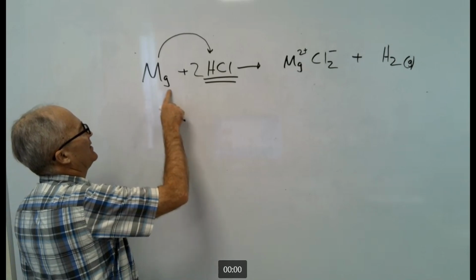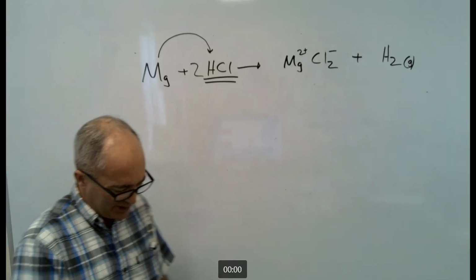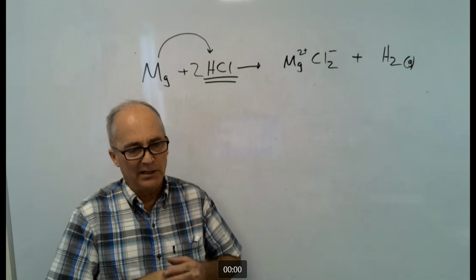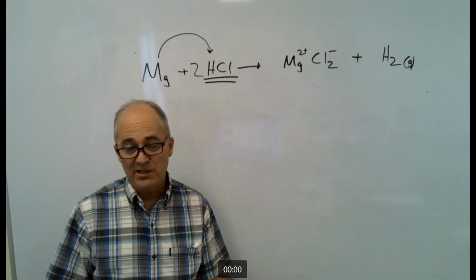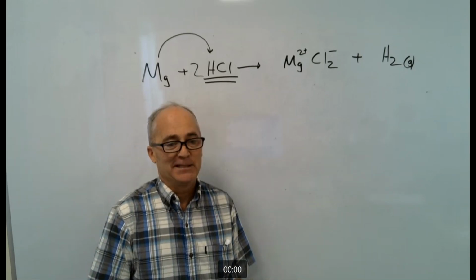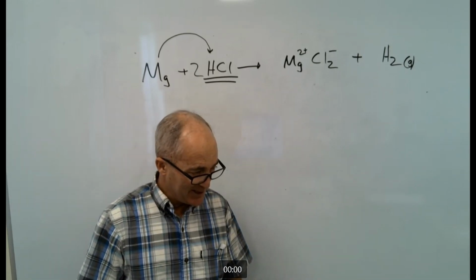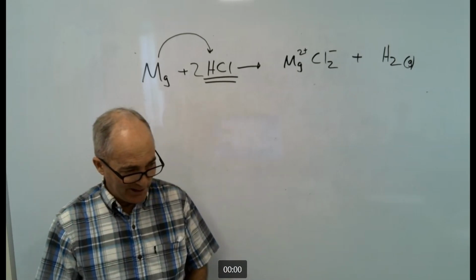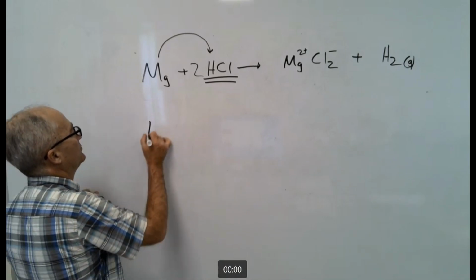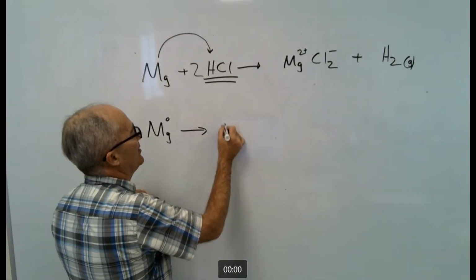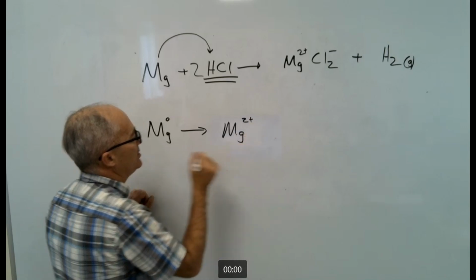So notice I have an element by itself. What do you know about an element in its normal elemental state? What is its oxidation state or valence? What is the oxidation state of an element in its normal elemental form? Absolutely, 0. I want to put a 0 here. And over here, it's Mg2+.